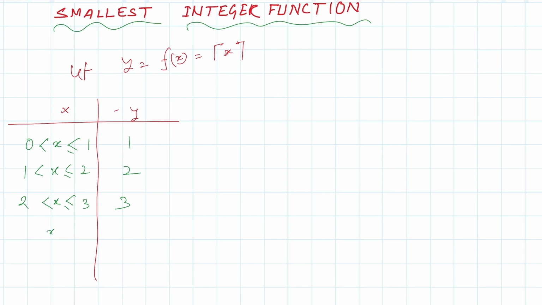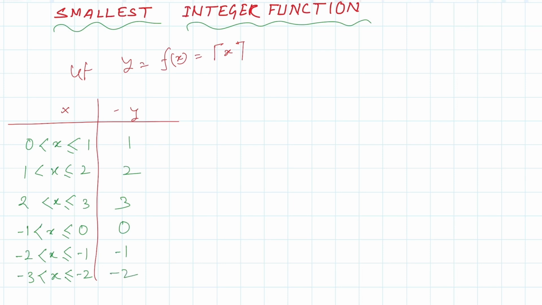Now let us take x greater than minus 1 and less than or equal to 0, then y must be 0. If x is greater than minus 2 and less than or equal to minus 1, then y must be minus 1. If x is greater than minus 3 and less than or equal to minus 2, then y must be minus 2.